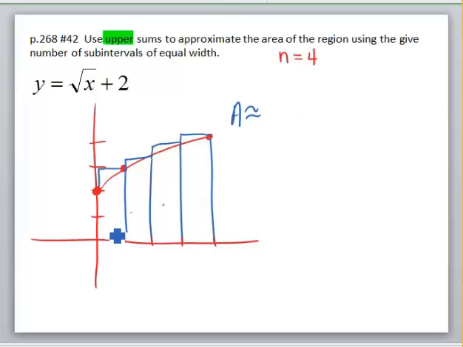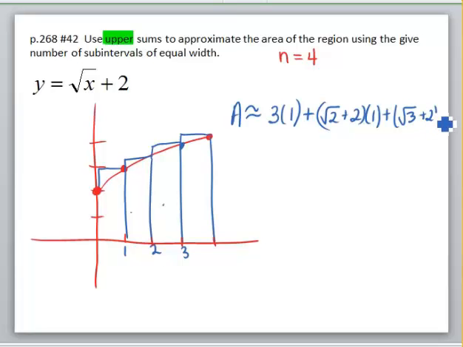The length of this first one is what I get when I plug in 1. So when I plug in 1, I get a height of 3, times the width of 1, plus whatever I get when I plug in 2, which would be the square root of 2 plus 2, times the width of 1, plus this next rectangle's height at 3, so the square root of 3 plus 2 times 1.